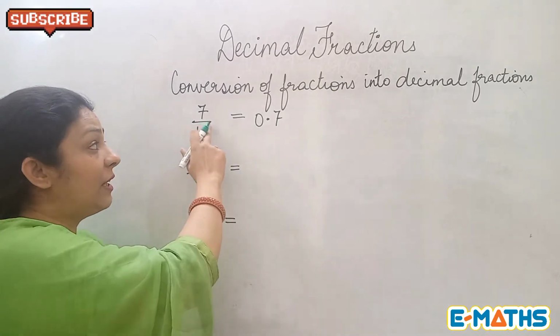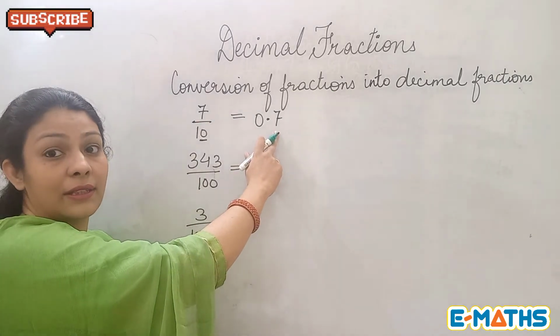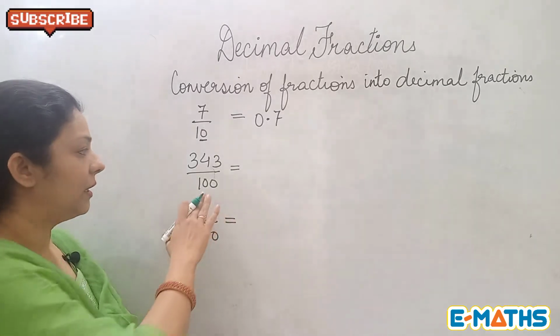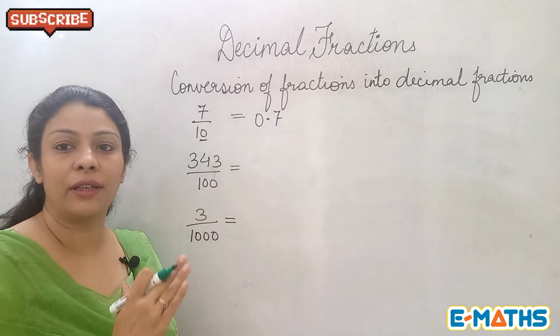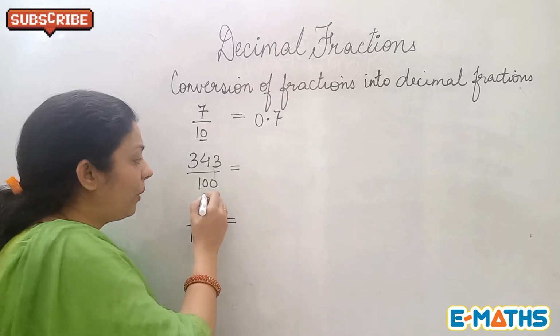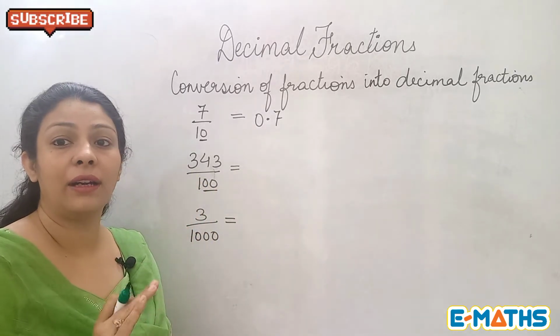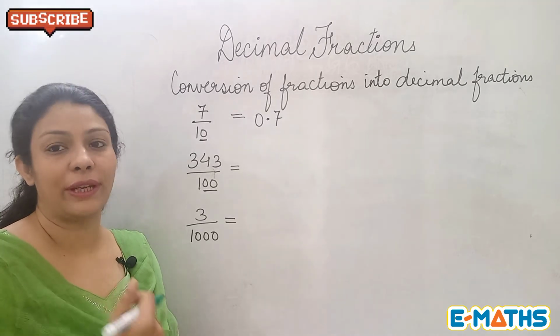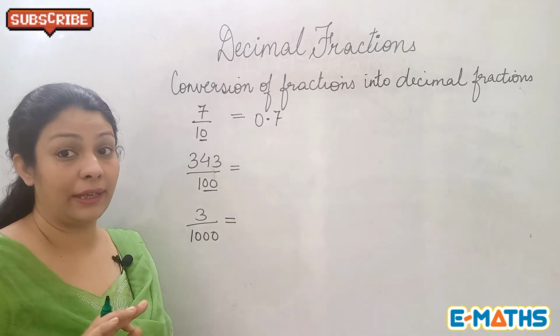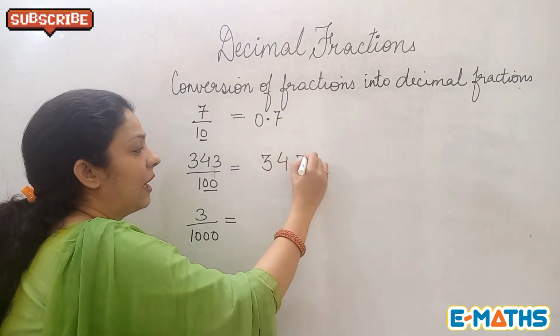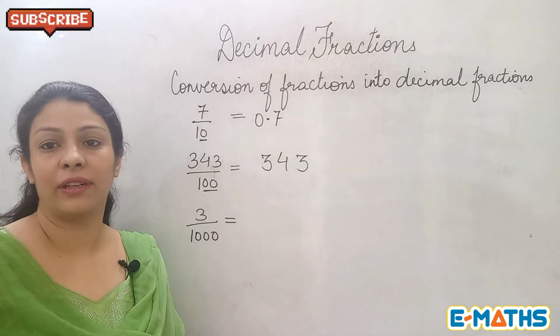Make sure you're writing the numerator as it is and then putting up the decimals according to the number of zeros. In the second part, we have 343 upon 100. Now we have 2 zeros here. That means our answer should have 2 decimal places. But again, we need to write down the numerator as it is. So we have written it down.